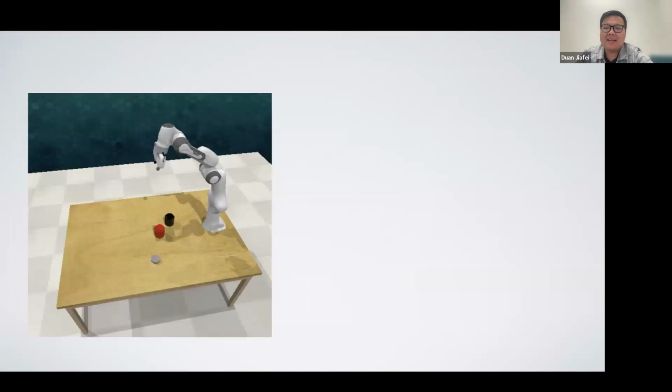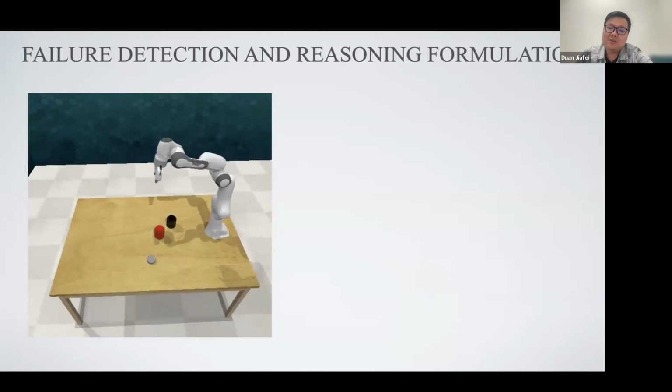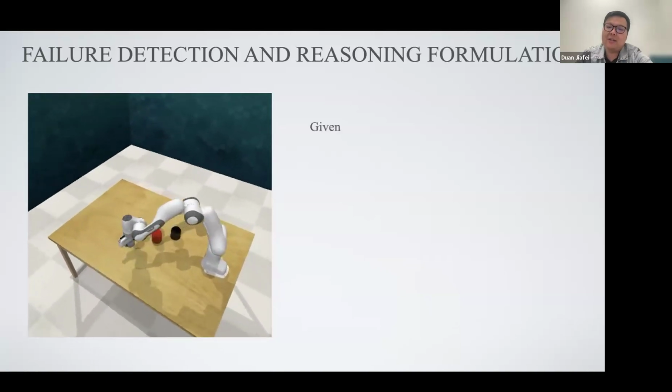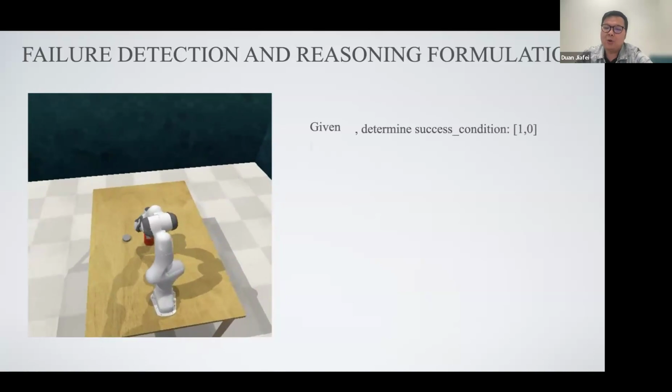The idea is that people in robotics have been working on failure detection, but a lot of times they don't work on reasoning. What I mean by failure detection is that, given a sequence of actions, you ask whatever model you have to determine whether these succeeded, and this success will often end up being a binary 1 or 0.